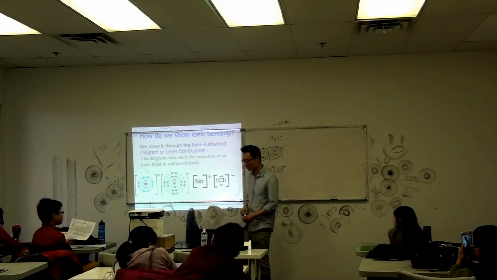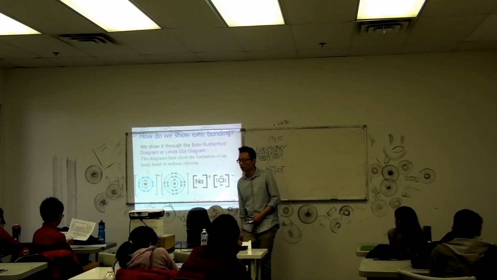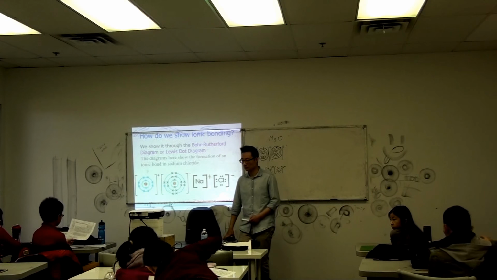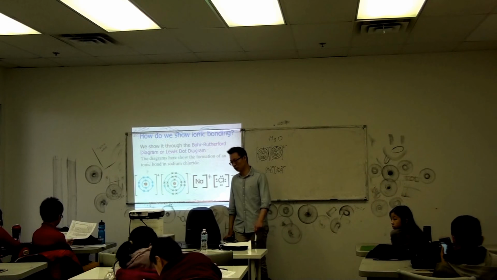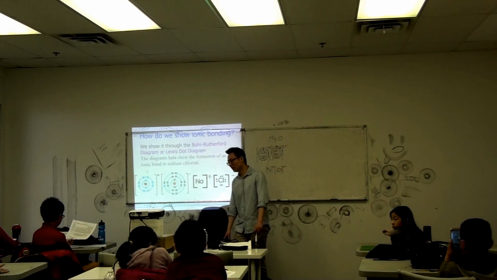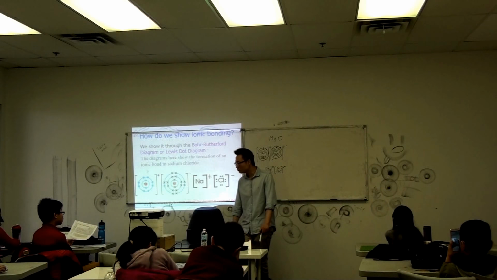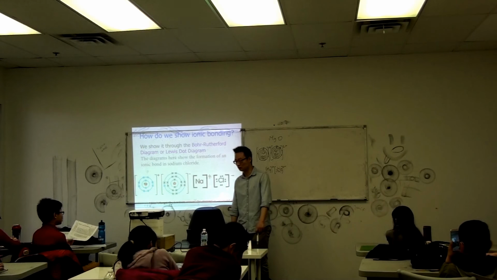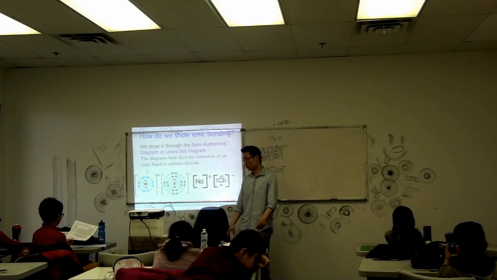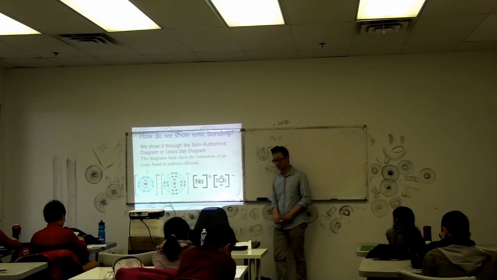How do you find the number of neutrons? You see the weight is 24, the atomic number is 12. To find the neutron number, you take 24, which is the weight, minus the atomic number, which is 12. So that's why you get 12.